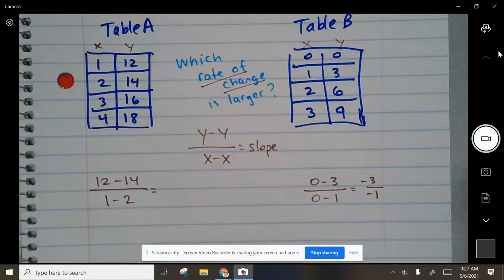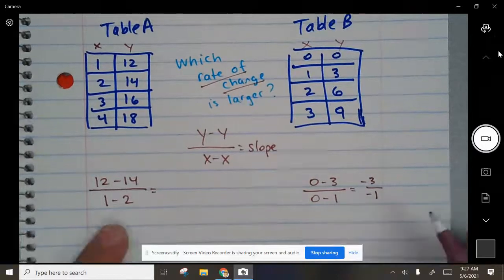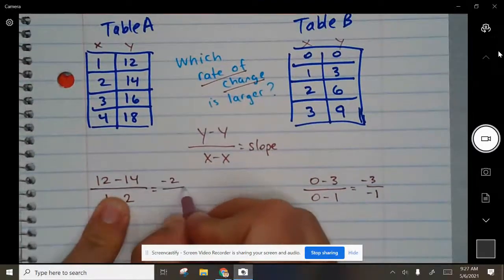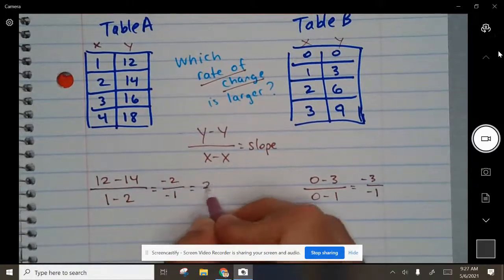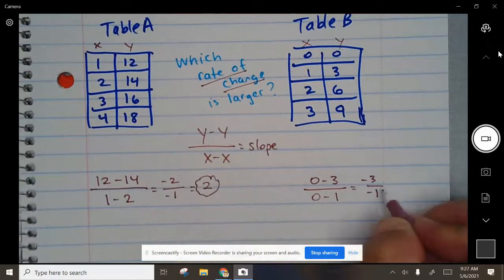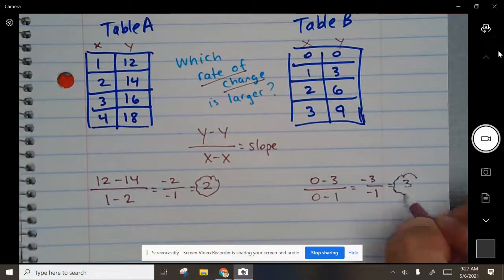Negative 3 over negative 1. Okay? I did that quickly. You can use your calculator here. Negative 2 over negative 1. When you have two negatives divided, it turns into a positive.